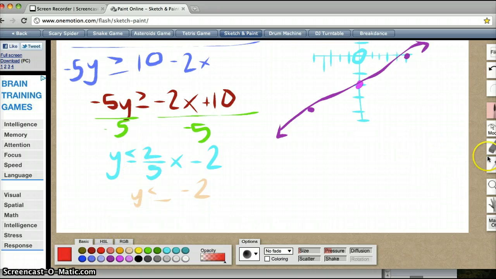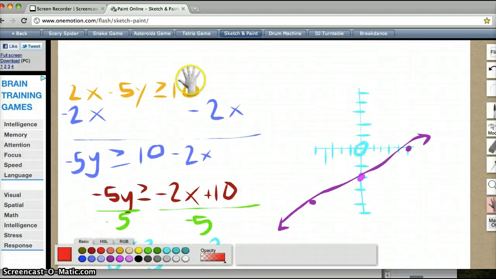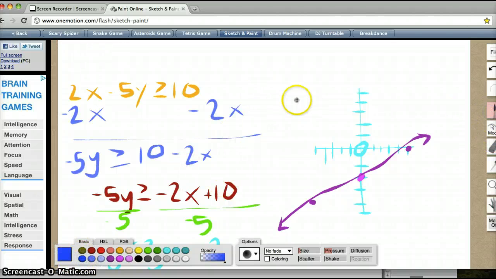All right, now we're going to pick our points, but we're going to start with our original equation. We're going to go back to our original equation up here. The point we're going to use is 0, 0. So we plug in 0 for x and 0 for y.